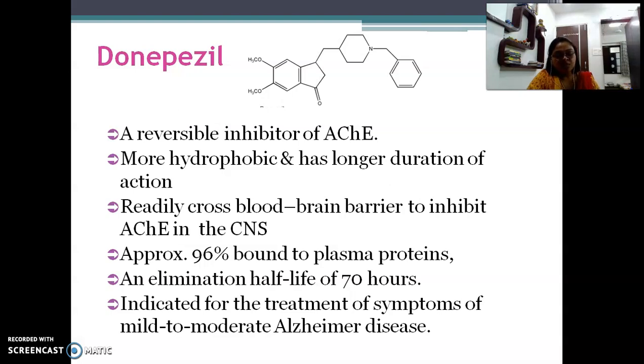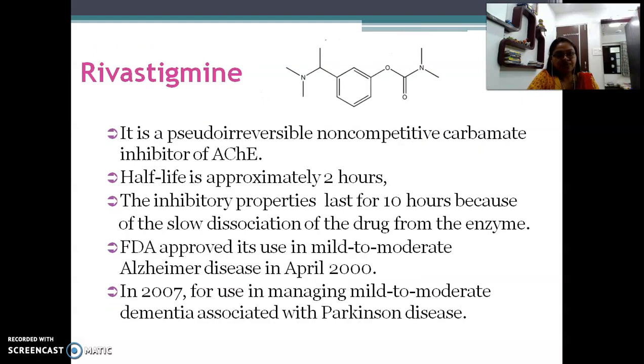It is indicated for the treatment of symptoms of mild to moderate Alzheimer disease. Now, the next drug is rivastigmine. Rivastigmine is an irreversible, non-competitive carbamate inhibitor of acetylcholinesterase.